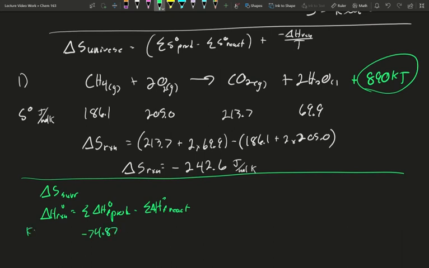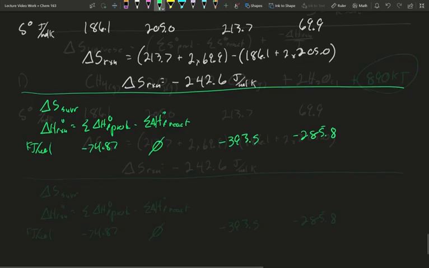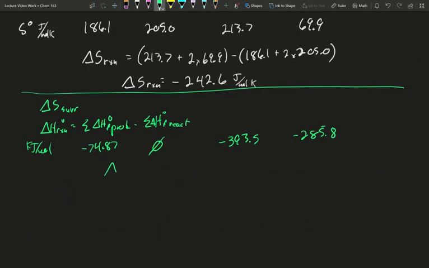These are in kilojoules per mole for the enthalpy. Oxygen, being the elemental form, is 0. Carbon dioxide is minus 393.5, and water minus 285.8. Run all those together, and like I said, the delta H for this reaction is going to be found to be minus 890 kilojoules.